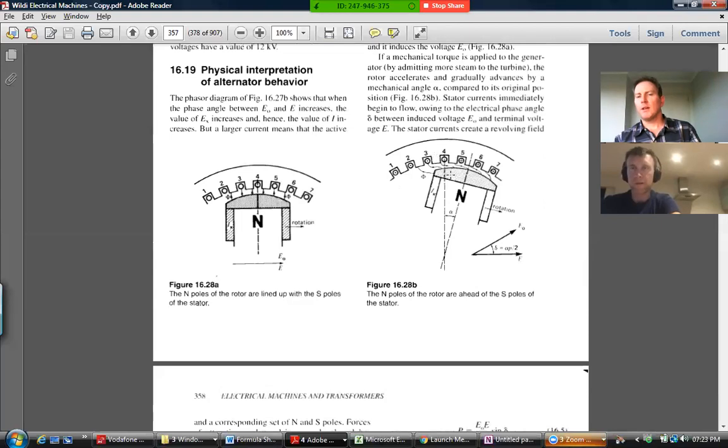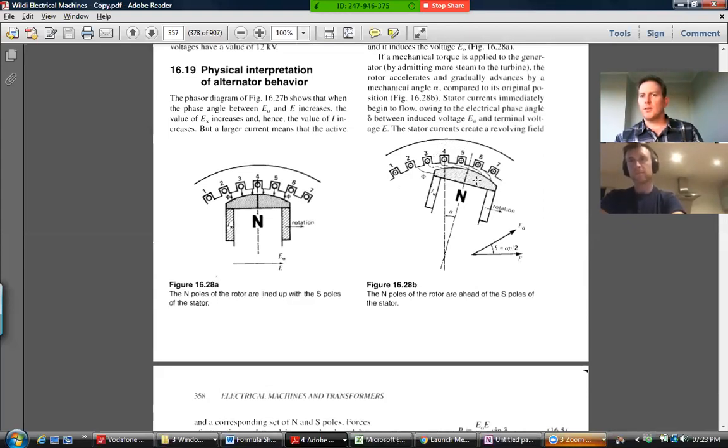That's when we create a so-called torque angle, which makes the induced voltage E naught lead slightly in front of the E. So the E is what is seen here, because E is the grid voltage.